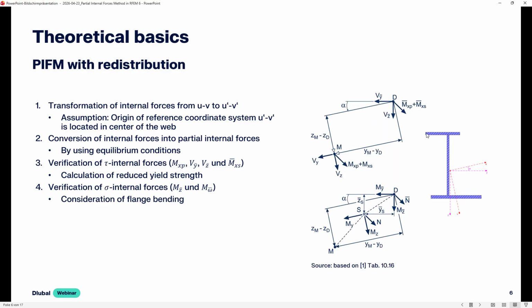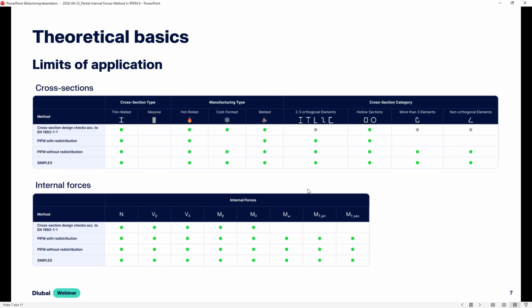If one section part, for example the upper flange, has completely reached the yield strength in all locations, then the PIFM without redistribution has reached its maximum. So then the design ratio is 100% and we cannot proceed. Then it's over here.